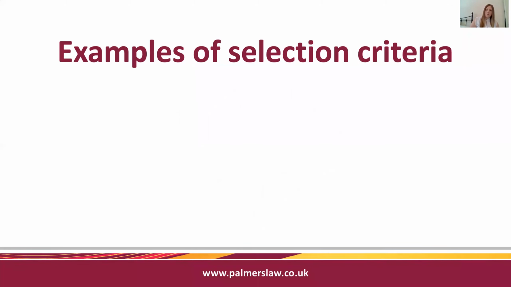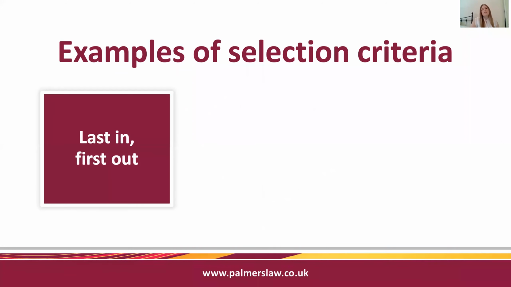Moving on to a couple of examples of the different selection criteria. The most common one is probably last in, first out. It's a common method used in redundancy selections. However, this can be quite a blunt instrument, and in recent decades it's fallen out of favour as a dominant criteria.